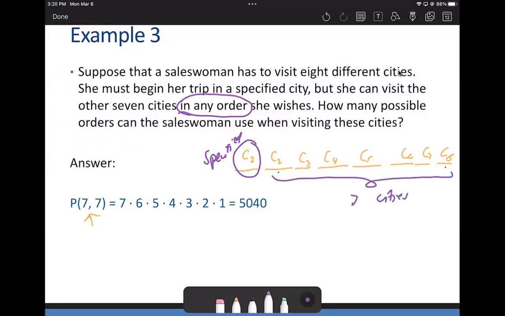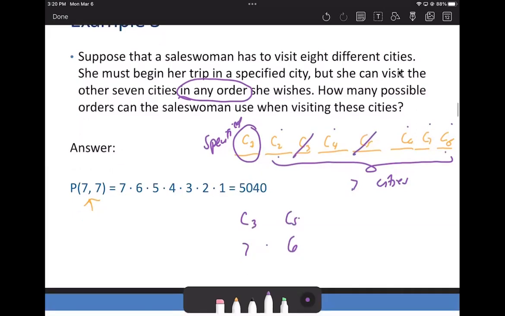So for example, we start with C3. We remove it, so there were 7 ways. Now, how many cities are left? We have 1, 2, 3, 4, 5, and 6, so 6 cities left. Let's say we remove C5, so C5 is okay. Now, how many cities are left for the fourth city to visit?